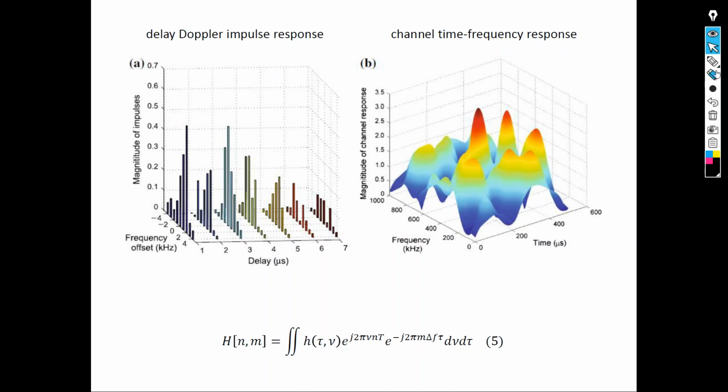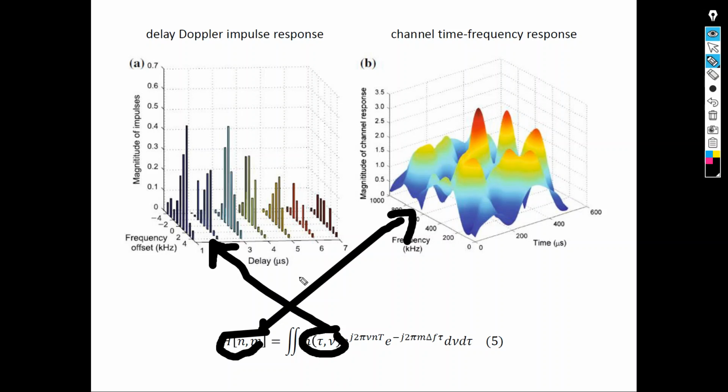H[n,m] is basically this. Yes, H[n,m]. This is it. It's basically this one. And H(tau, v) is this one. And this is the transform, the FFT2 kind of. Not really, but kind of, think of it. Symplectic Fourier transform, this, because one is minus and the other is plus.